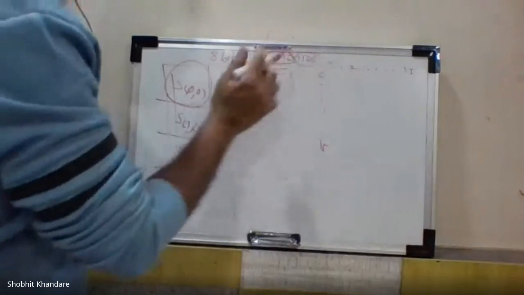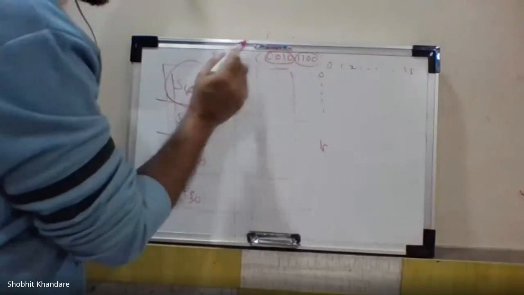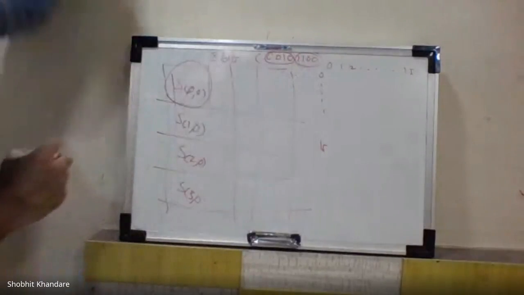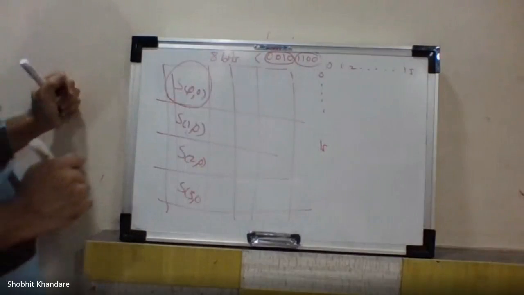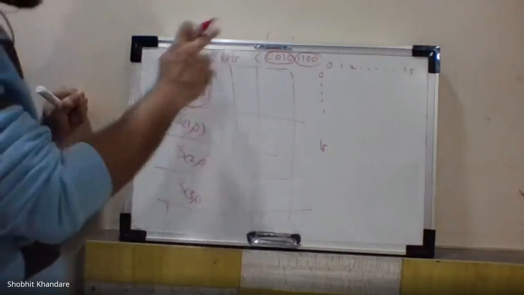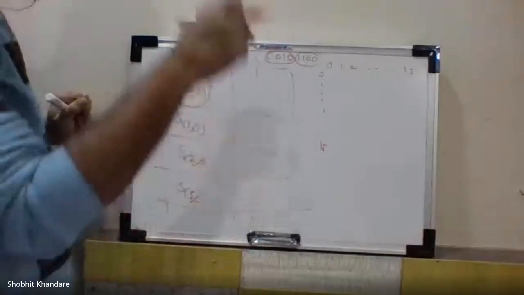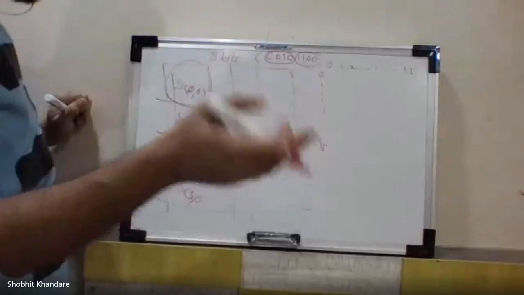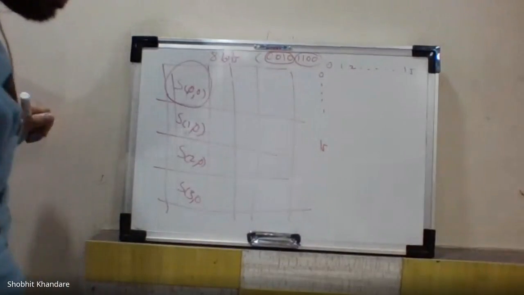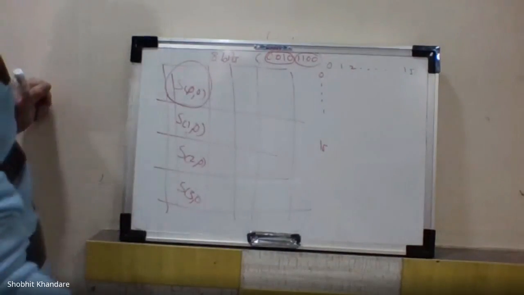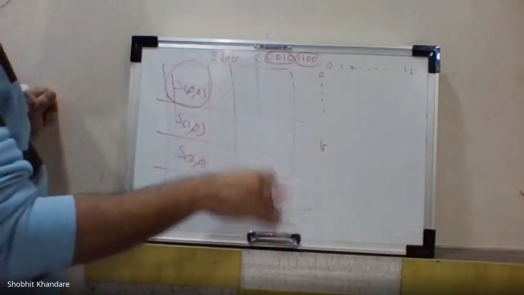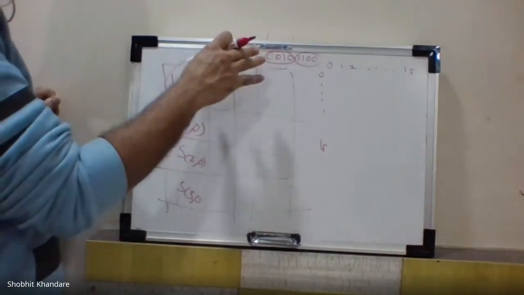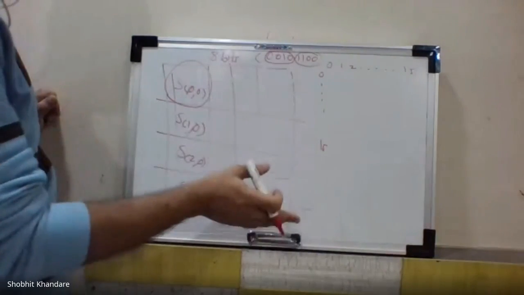For example, with 0,0,1,0,1,1,0,0, you have to substitute these 8 bits with 8 bits, because the input to the substitution box is 128 bits and the output is also 128 bits. We are not going to reduce the bits; they will be the same.